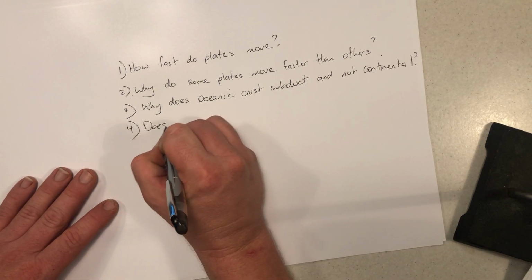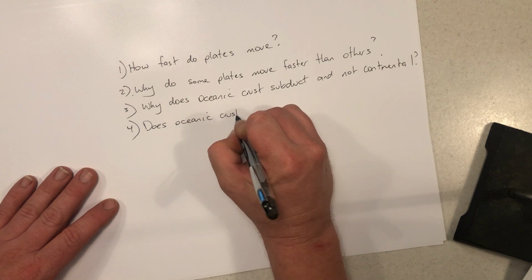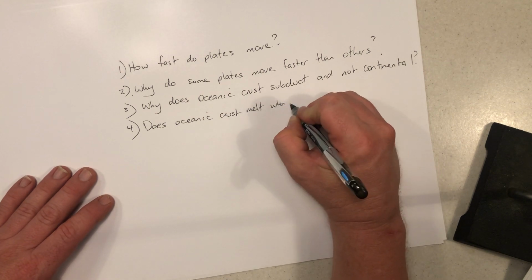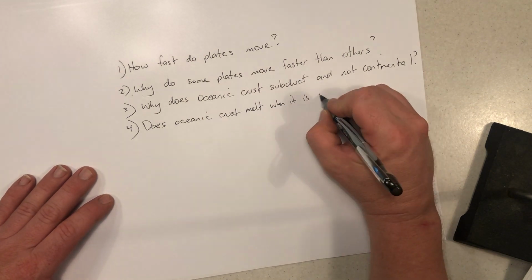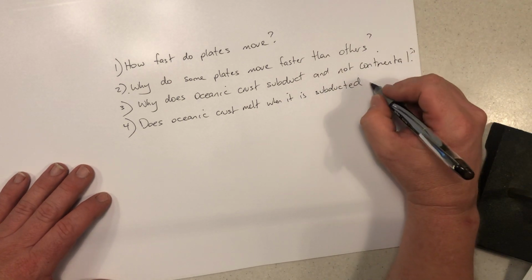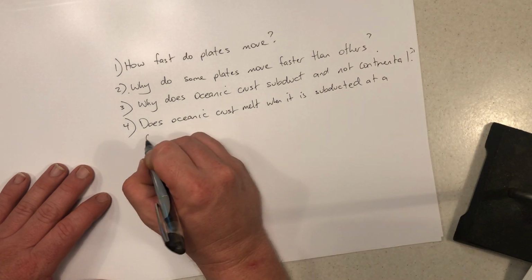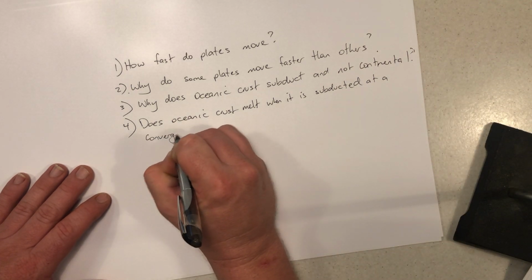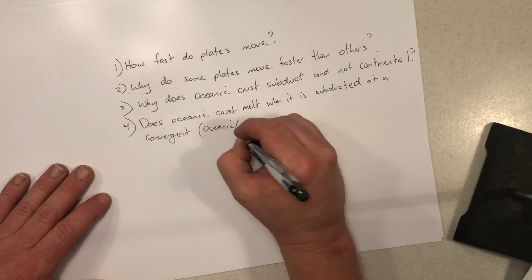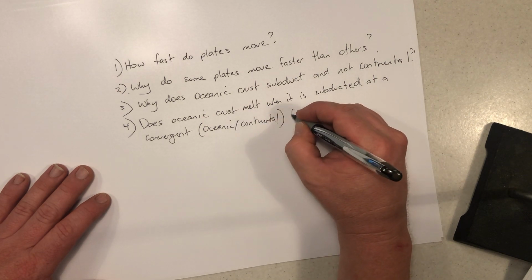Does oceanic crust melt when it is subducted at a convergent, and I'm going to go oceanic to continental boundary?